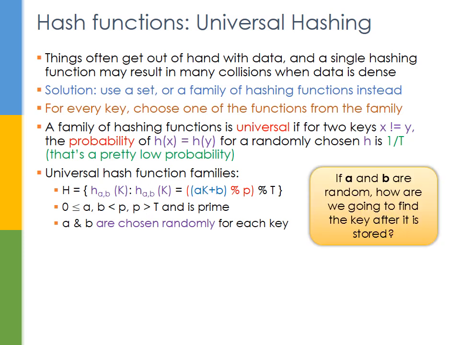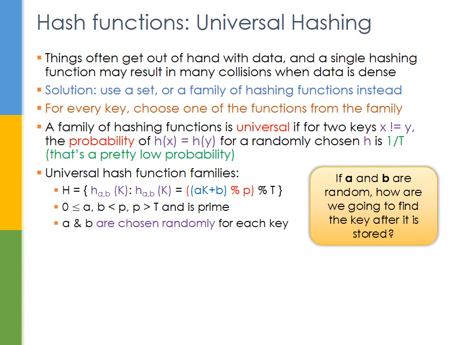And if you were following the plot of this lecture, you might stop me now and say, hold on, if a and b are chosen randomly, then how will I be able to find the key at a later stage? Because the whole point of the hash function is that it's very deterministic, right? You have a key, you know exactly what math to perform on that key to get the exact index in the table.